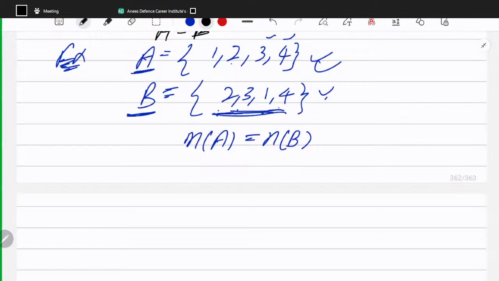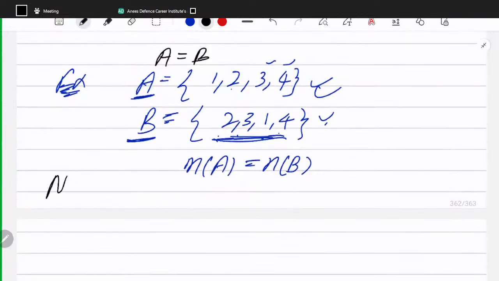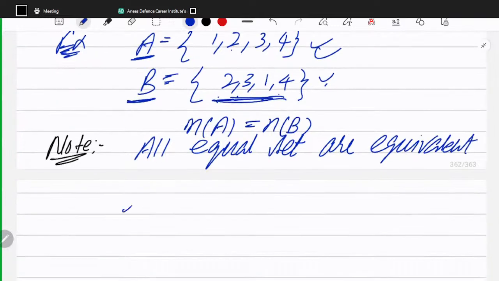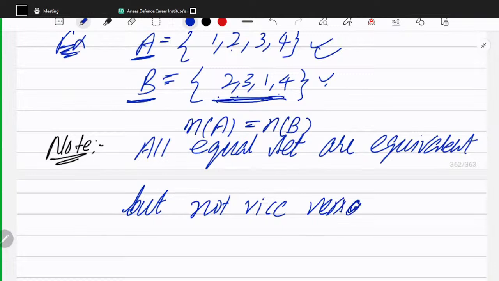Note, all equal sets are equivalent, but not vice versa.